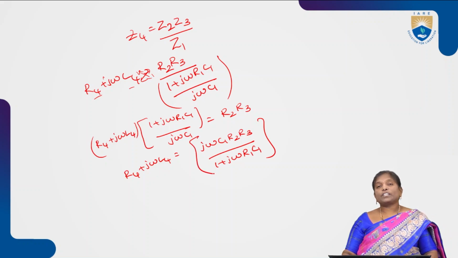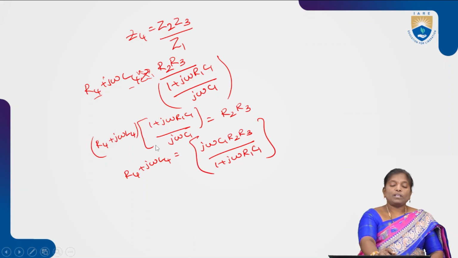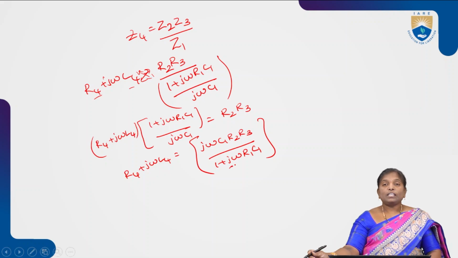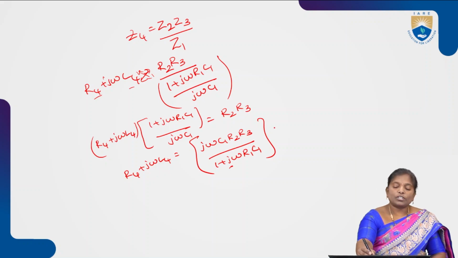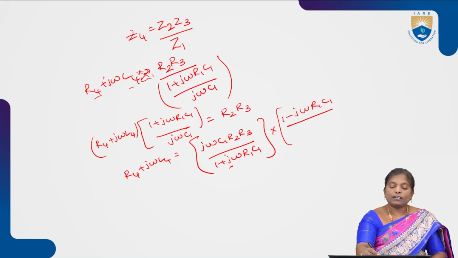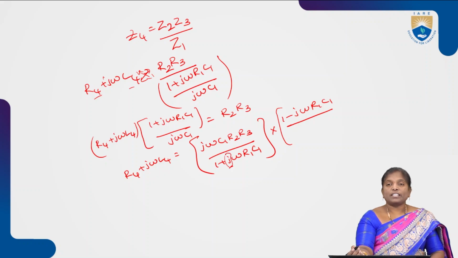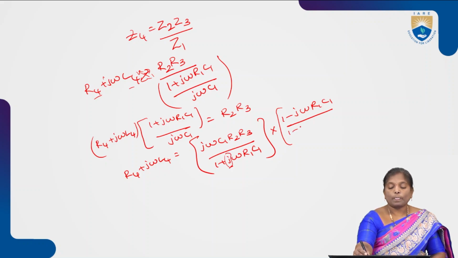This is the expression for R4 plus j omega L4. But in this equation, the denominator consists of an imaginary term. If an imaginary term is present in the denominator, then to get the complete solution, multiply the entire equation with 1 minus j omega R1 C1. Then this imaginary part in the denominator can be removed.